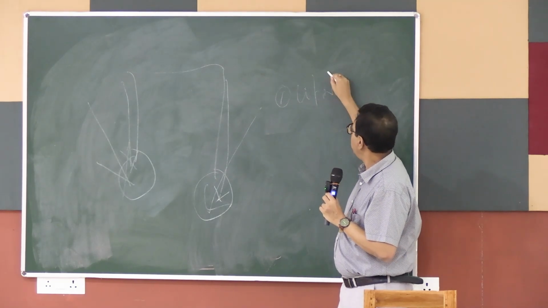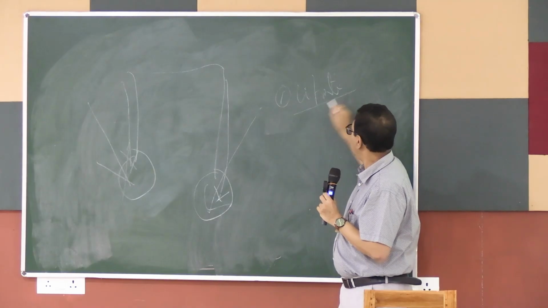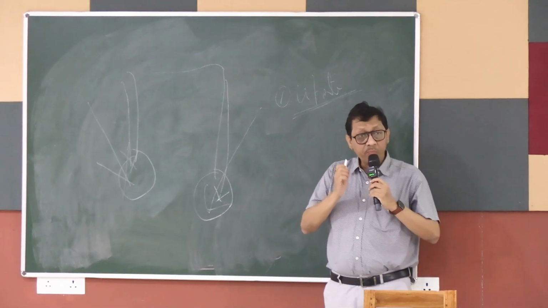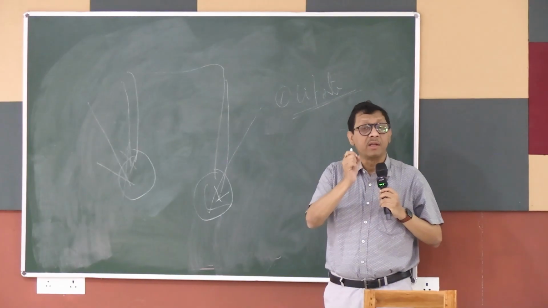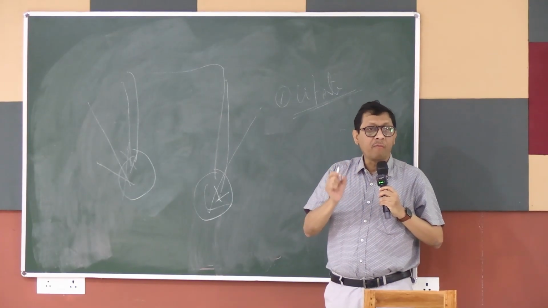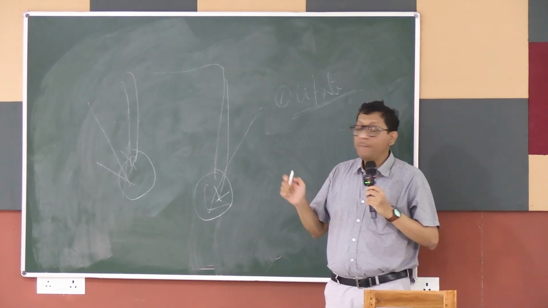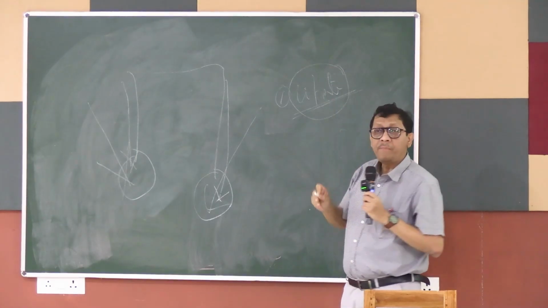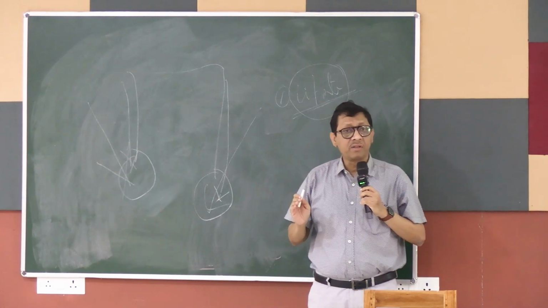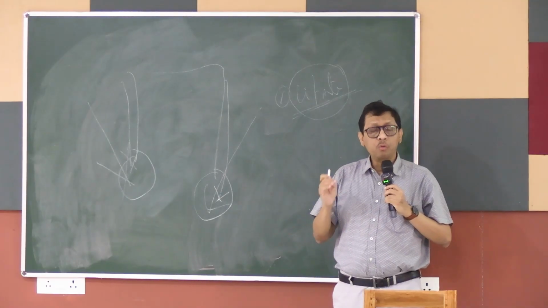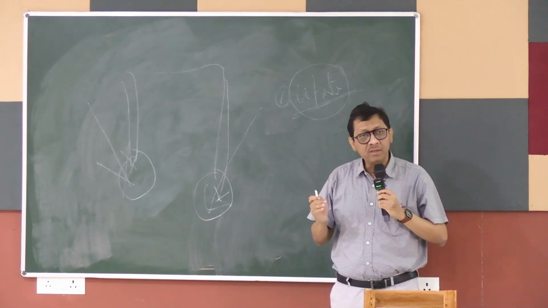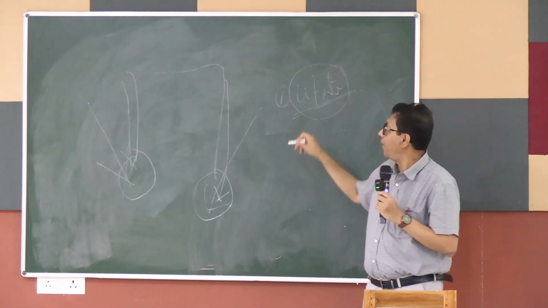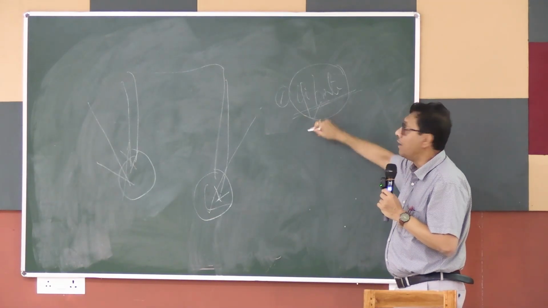Urinary citrate is the major factor which prevents the formation of crystals. In about 50% of the patients we have studied who have recurrent stone disease, if we try to find out urinary citrate, we always find there is a lower amount of citrate in the urine.